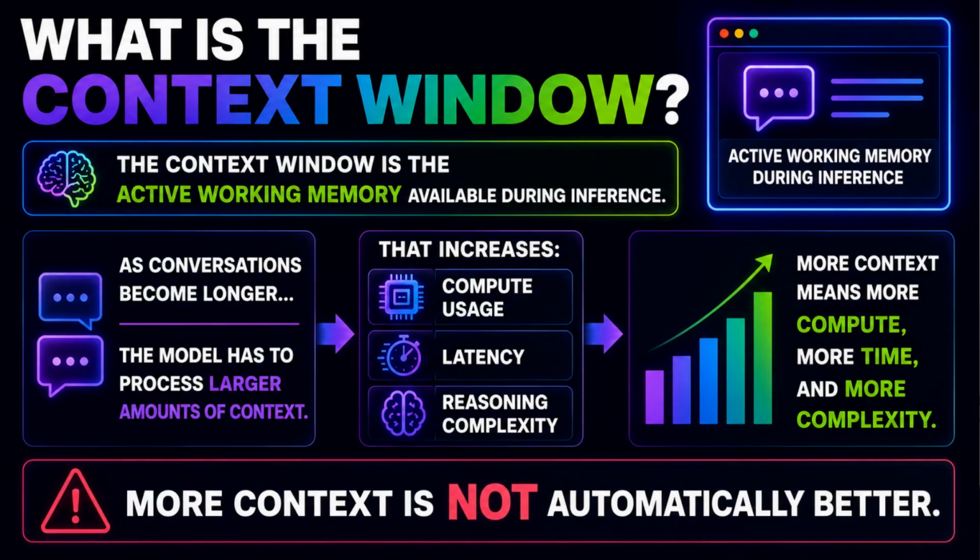As conversations become much longer, the model has to process large amounts of context. That will increase the compute usage, the latency, and the reasoning complexity. But here's where things become important. More context is not automatically just better.